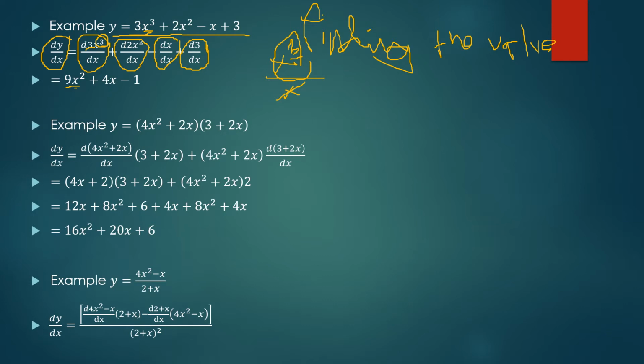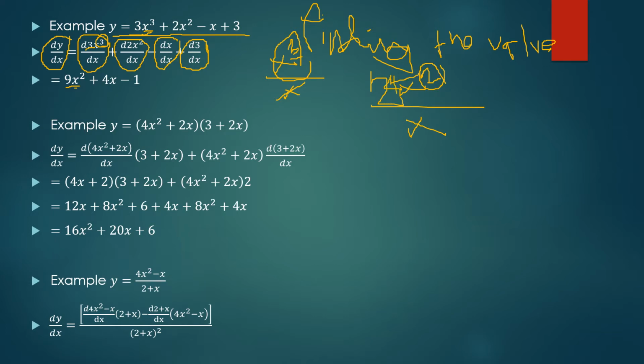Now let's follow the second one, 2x squared all over dx. Again, the exponent 2 multiplies the number 2 there.